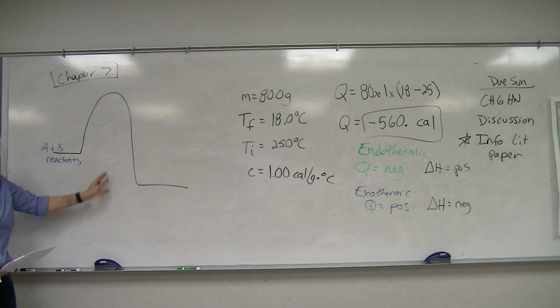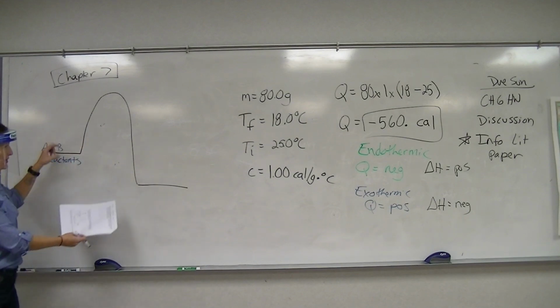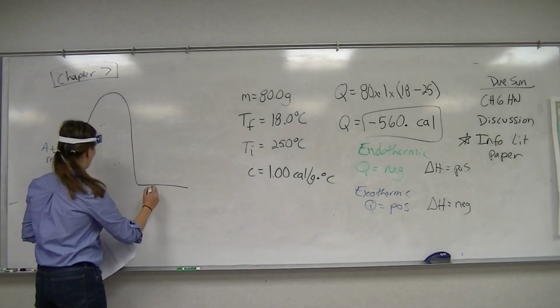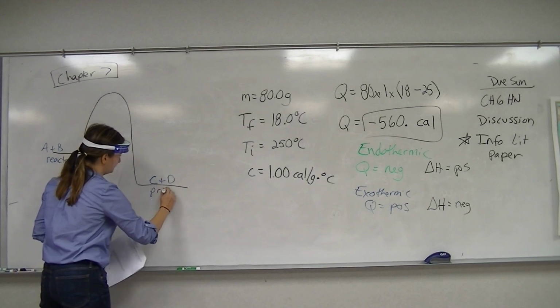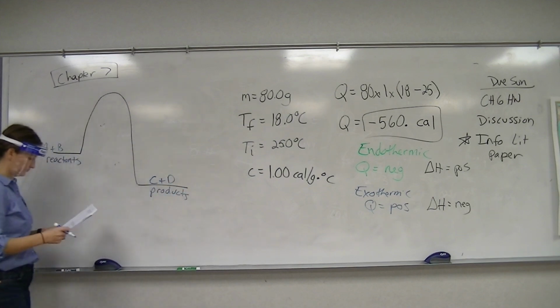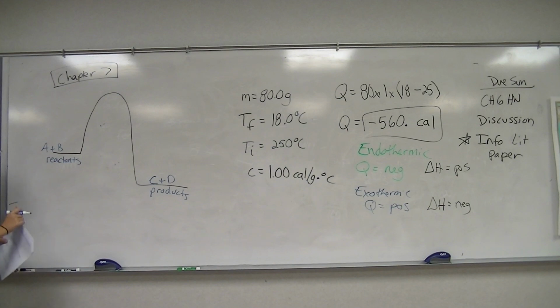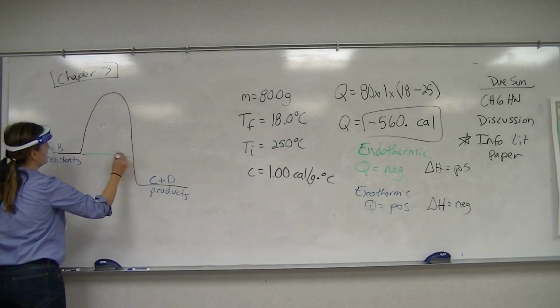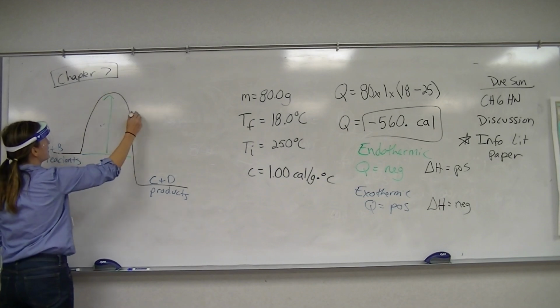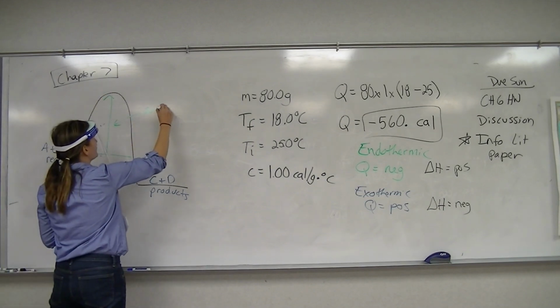So this big hump, this is kind of what's happening in the in-between, which is going to help us figure out if it's endothermic or exothermic. So let me do, so this is called the activation energy.